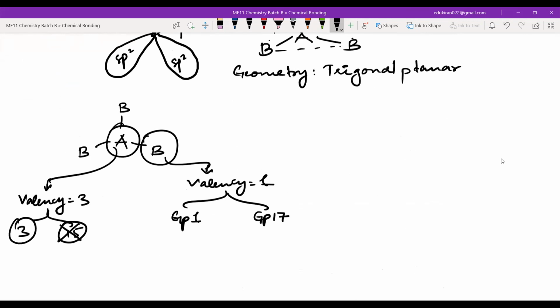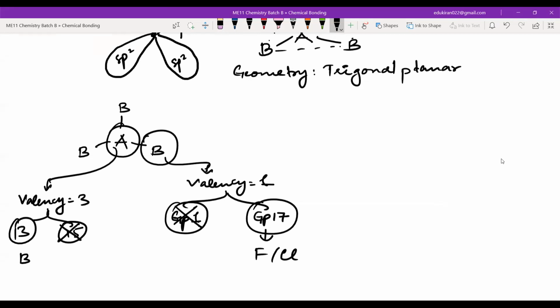So the only candidate that is left is group 13, sorry, not group 3, group 13 elements in the p block. So that would be boron. And obviously group 1 will not form covalent compounds, that is why I can eliminate group 1. So this is boron, and from group 17, I can take fluorine or chlorine, right?